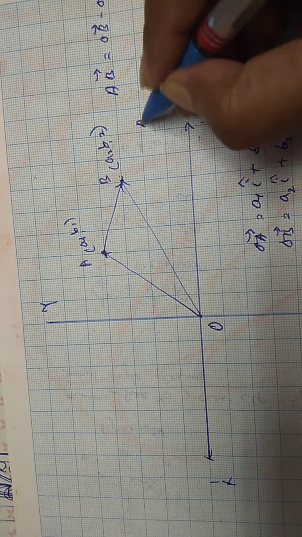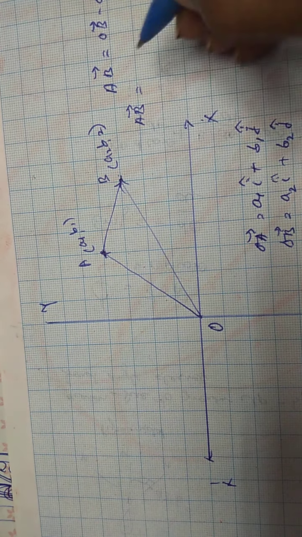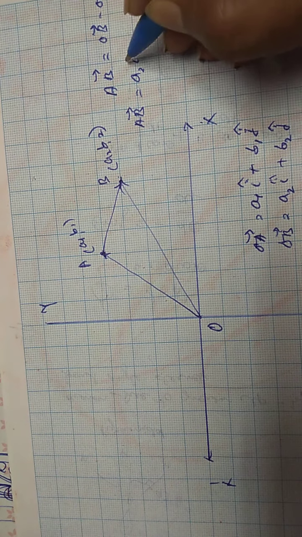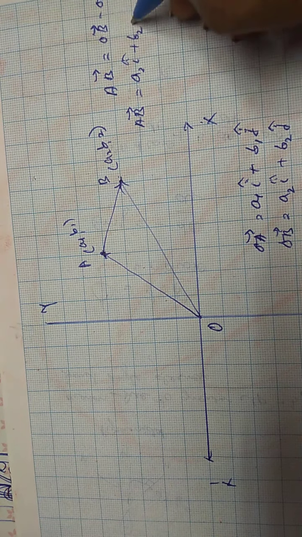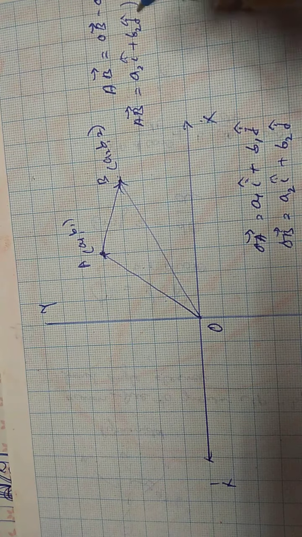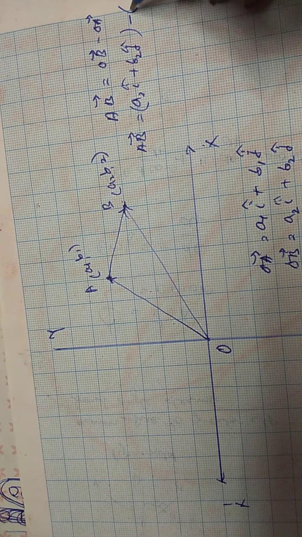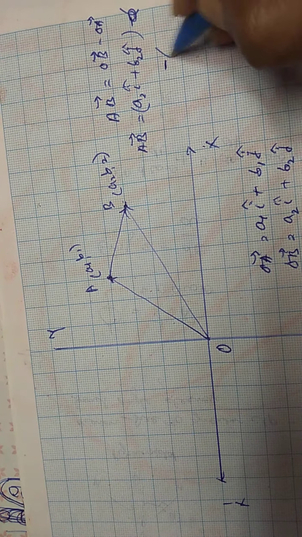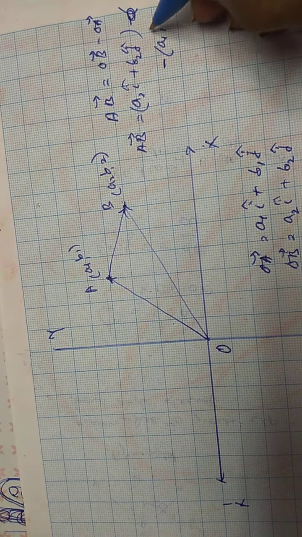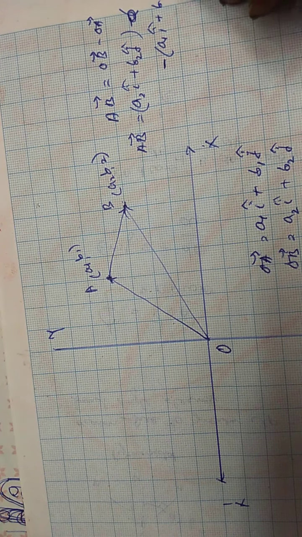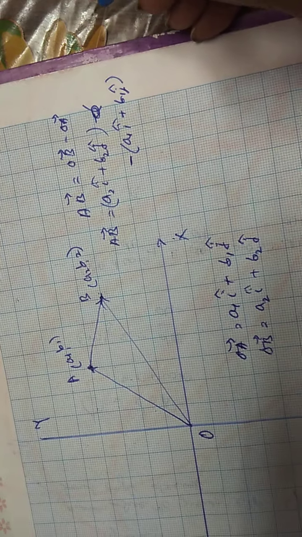What is your vector OB? It is A2 i cap plus B2 j cap, minus A1 i cap plus B1 j cap.